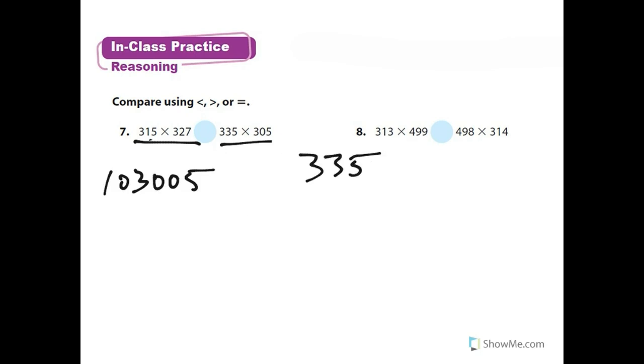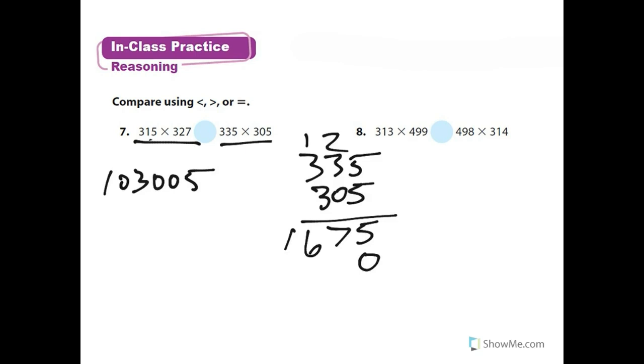Alright, and then 335,305. We got 25. Carry that 2. 5 times 3 is 15 plus 2 is 17. Carry that 1. 5 times 3 is 15. 15 plus 1 is 16. Drop that 0, and then drop that 0 again because we're going to be in the hundreds. So we get 3 times 5, 15. Carry that 1. 3 times 3 is 9 plus 1 is 10.